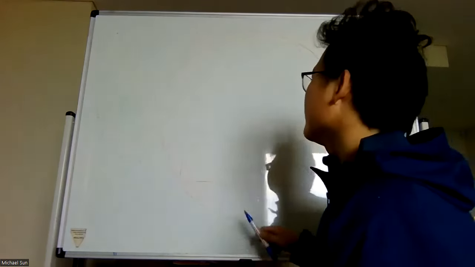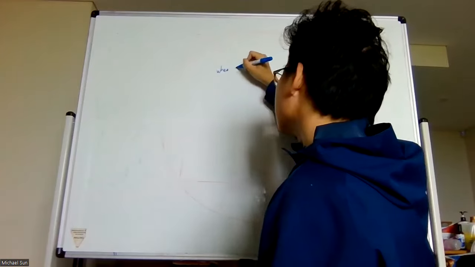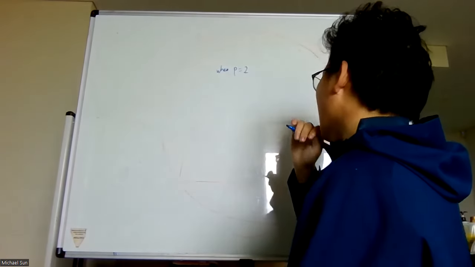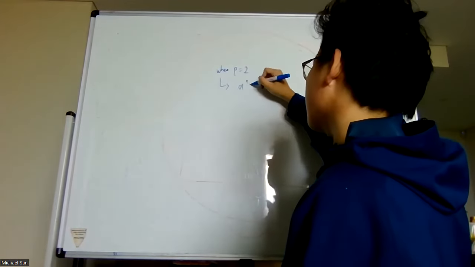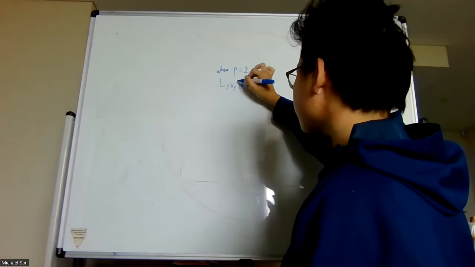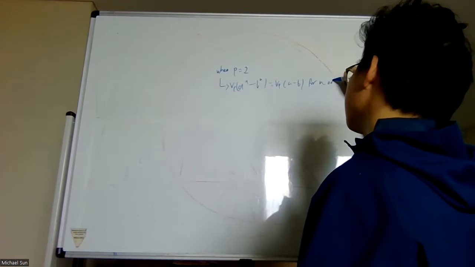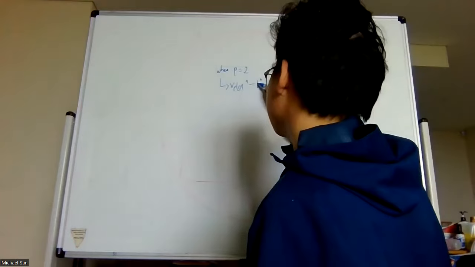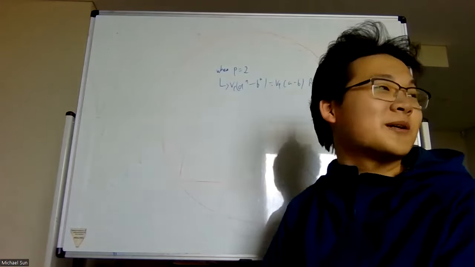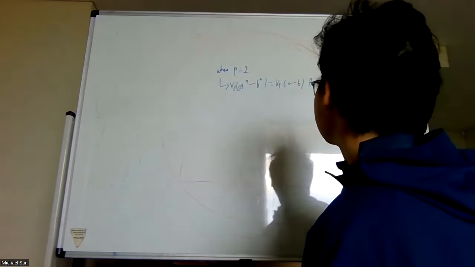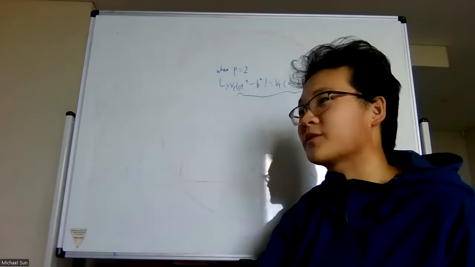Okay, now we'll go to when p is equal to 2. So for when p is equal to 2, we know that a^n minus b^n. This is true because again, one of the theorems above.